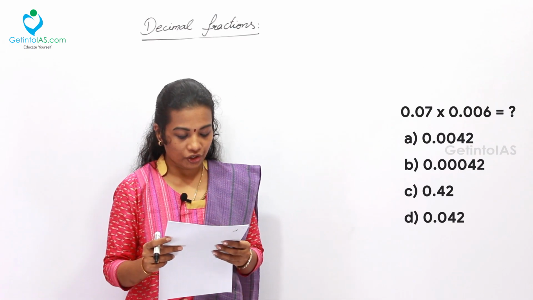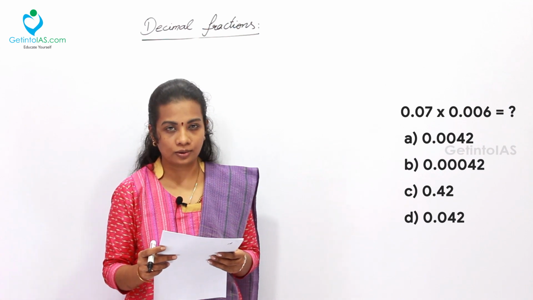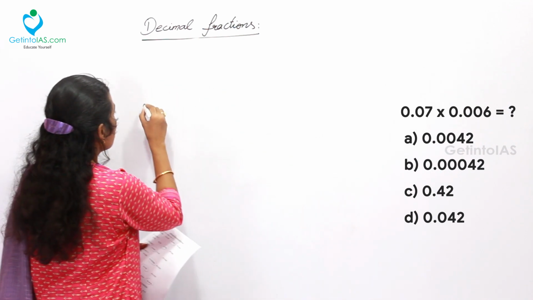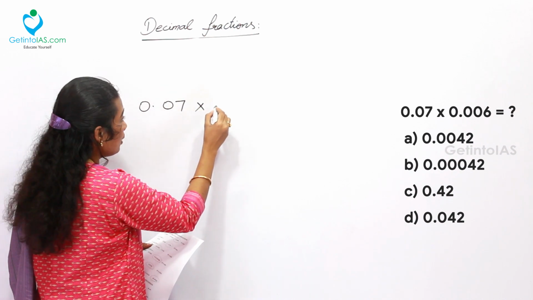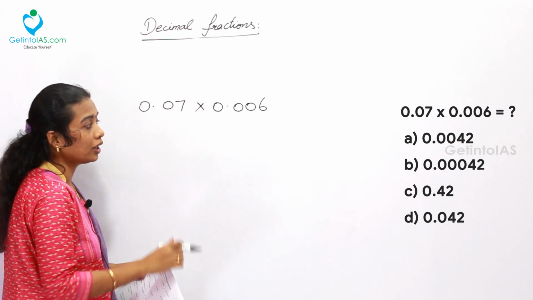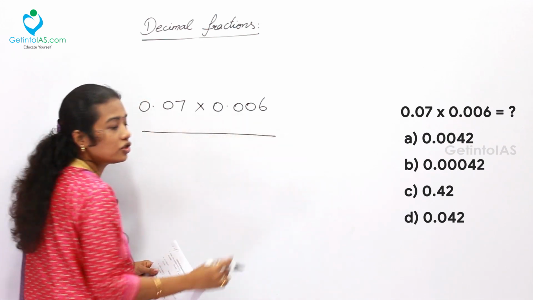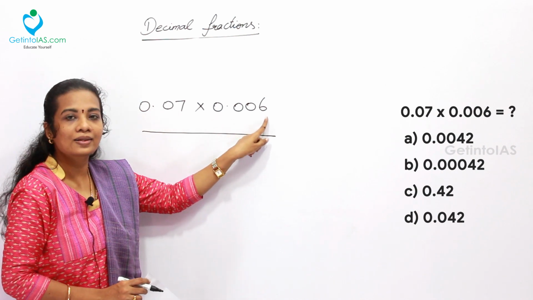Moving on to the next question, 0.07 into 0.006 is equal to what? Generally, you will be using the traditional multiplication technique over here, but it is time consuming. So let's follow a strategy. This is simply 7 and simply 6.